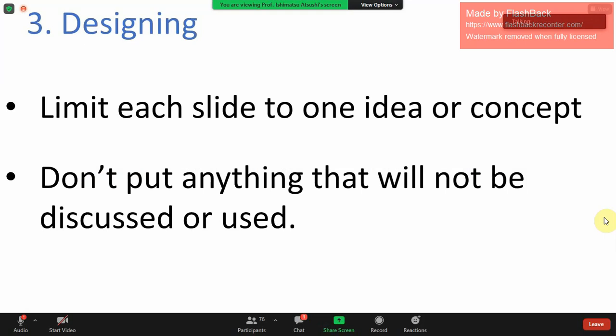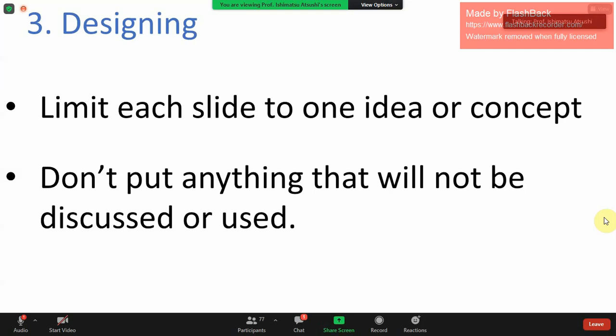This is like what I told you in the planning section, somehow divided up into each slide.